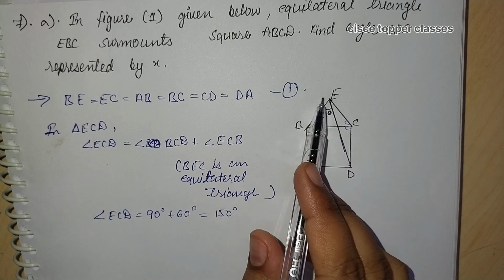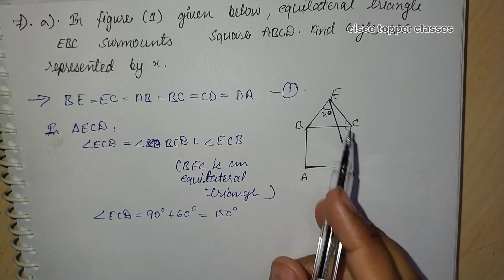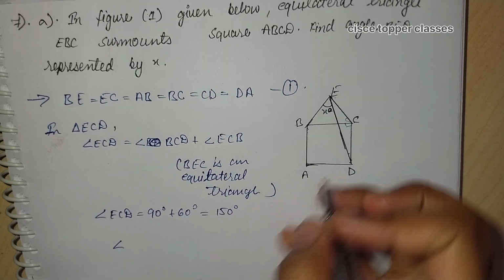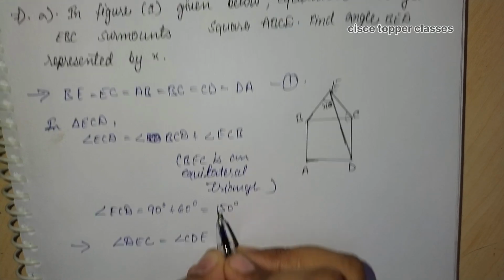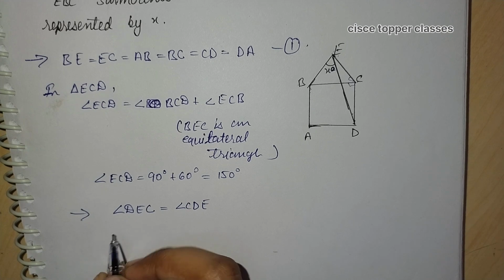And we know that EC is equal to CD here. So from that we can write that this angle and this angle will be equal, meaning angle DEC is equal to angle CDE. So we can add all these angles, which will be equal to 180 degrees.